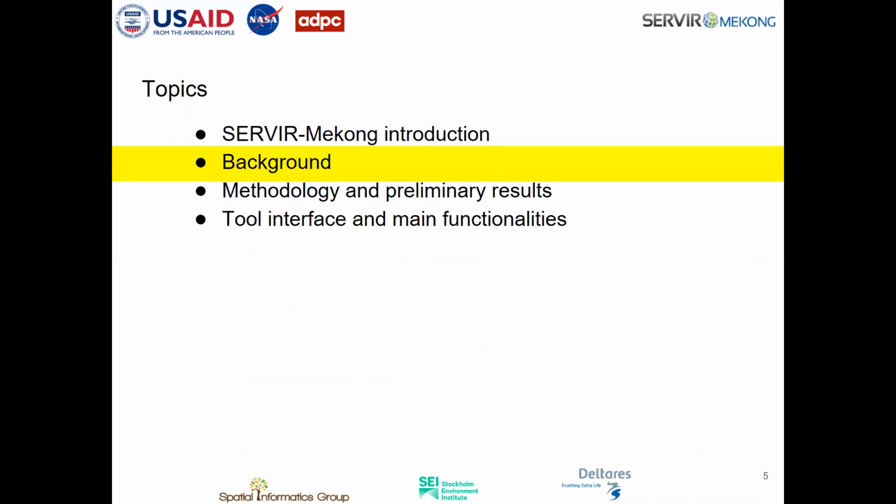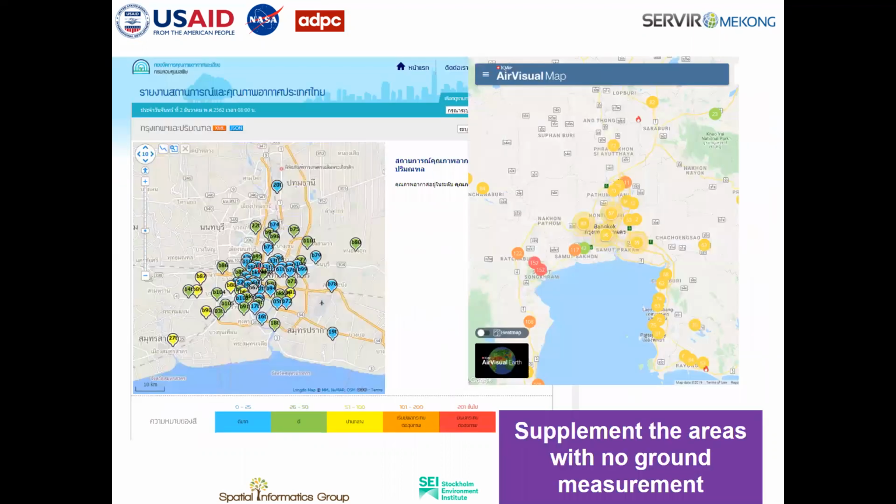Now let's talk about how we can use satellite data to monitor air quality. Let's look at the classical way of air quality monitoring. The authorities use ground stations to measure and report the air quality.